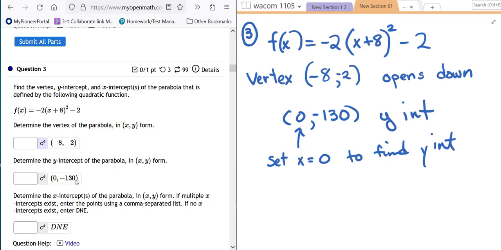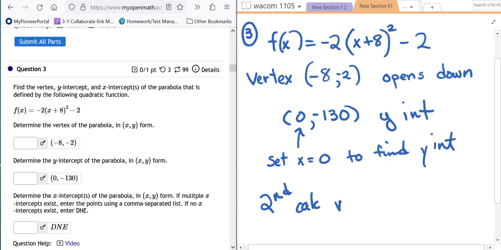All right, so our calculator gave us a lot of information there. We didn't have to find this one at all. This one we could find by plugging 0 into x. And that is second calc value and then set x equal to 0 to do this piece right here.